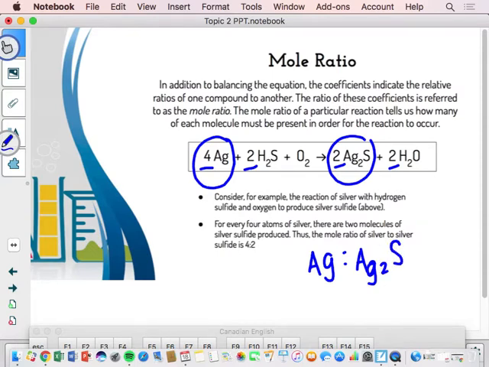We would just say 4 to 2. Does that make sense? You're just taking the number in front of that element and putting that as your ratio. So this is what it says here. For every 4 atoms of silver, there are 2 molecules of silver sulfide. Thus, the mole ratio is 4 to 2.